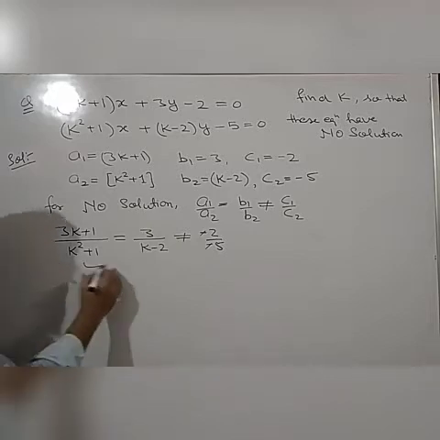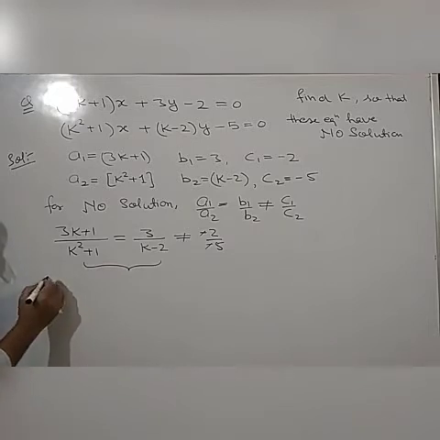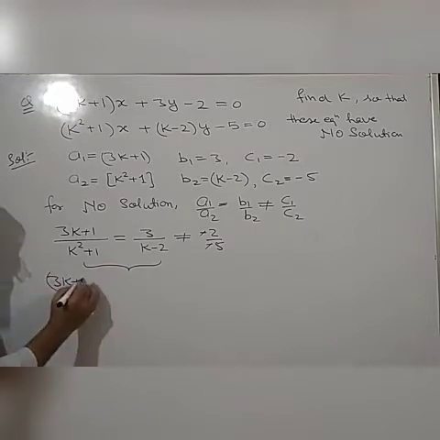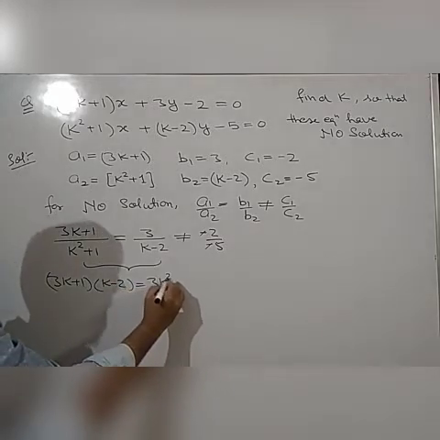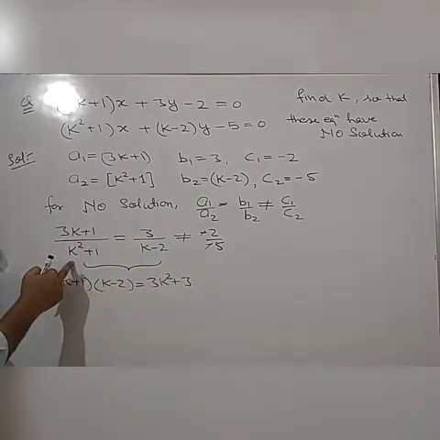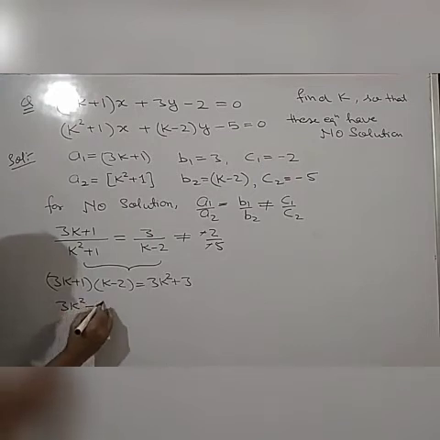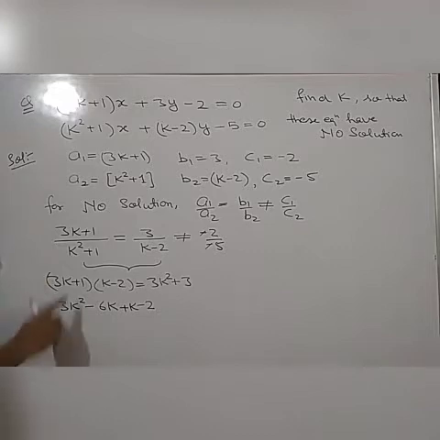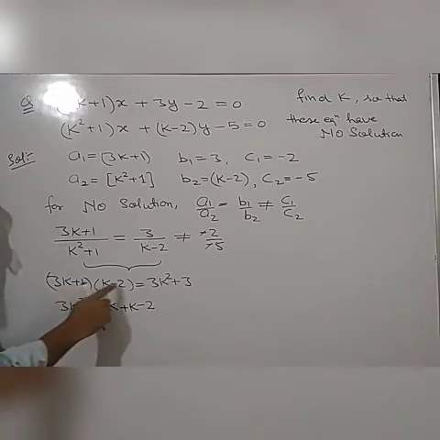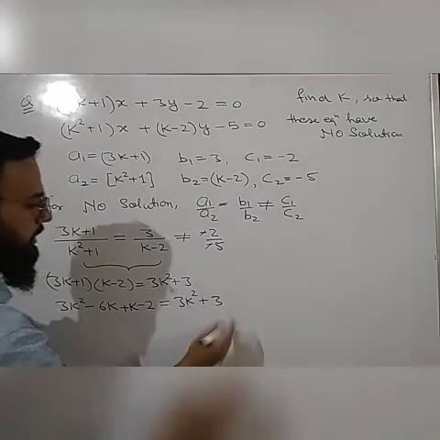Now first solving the first and second terms. When we cross multiply, we will get (3k plus 1) into (k minus 2) is equal to 3 into (k square plus 1), that is 3k square plus 3. Now multiplying the two brackets, we get 3k square minus 6k plus k minus 2 is equal to 3k square plus 3.